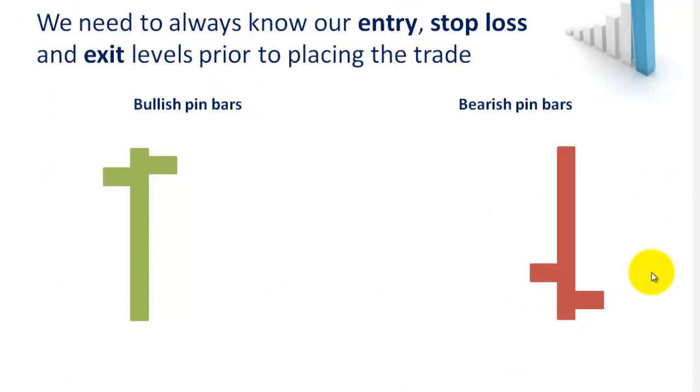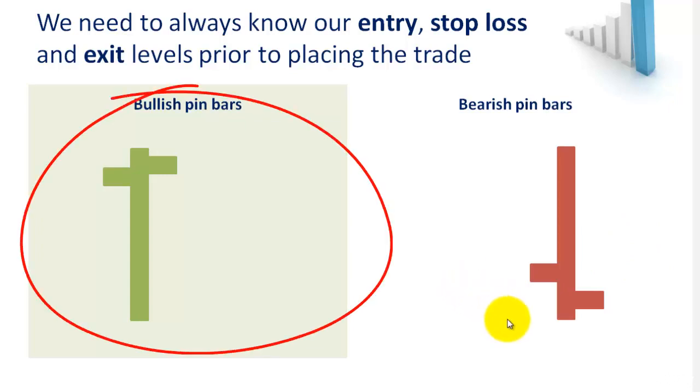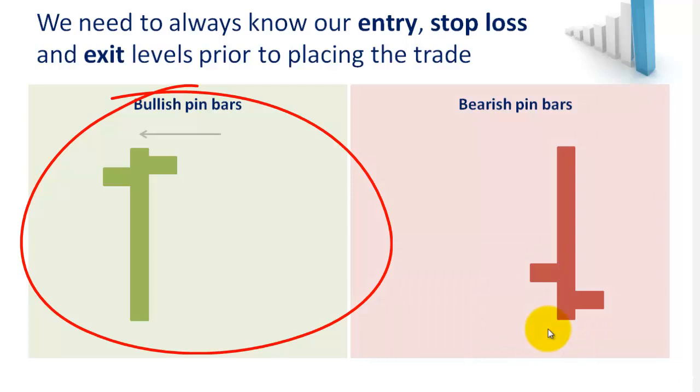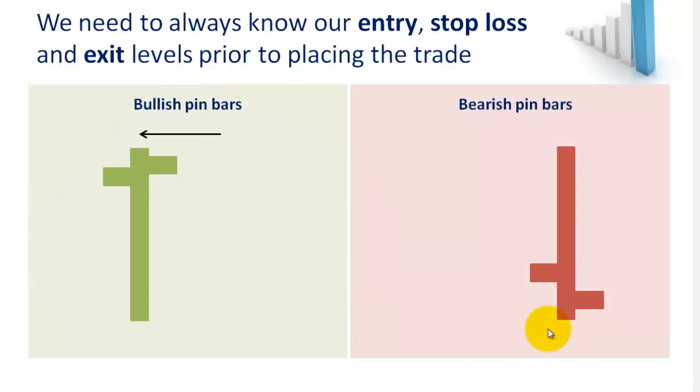We've talked about the selection, what kind of bars we want to look out for, and what kind of technical confirmations we want, but how about the actual management of the trade? Well, it's very simple. All you need to do is look at the high and the low of the bar. Say, for example, take this bullish pin bar here. We want to place our entry just above the high of the bar if we're looking to go long.